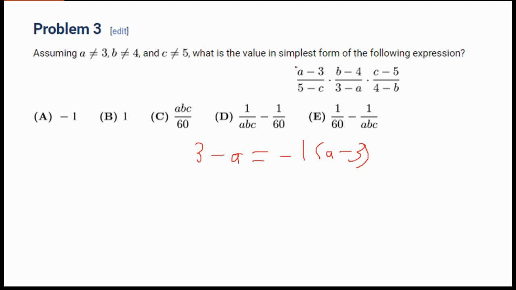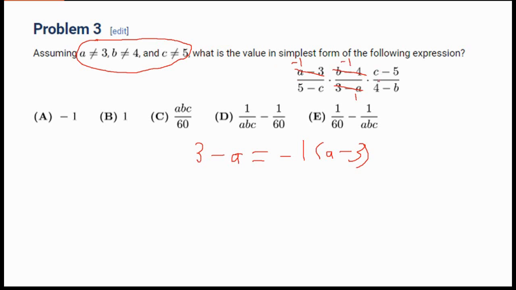Here, all we have to do is divide by 3 minus A, 4 minus B, and 5 minus C. You might be thinking, but what if this causes a division by zero error? Well, these statements right here show that there's no way you could produce a division by zero error by simply getting rid of like terms in the numerator and denominator.